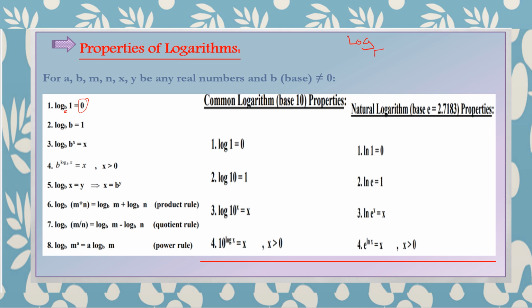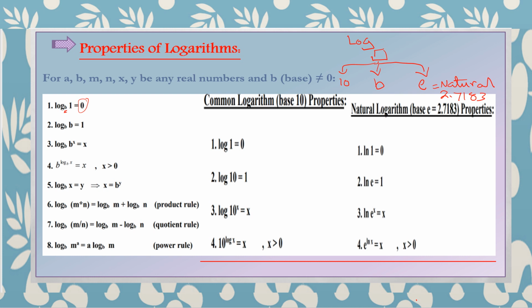The base of the logarithm may be equal to 10, or equal to b, which is a real number, or equal to e, and this is called a natural logarithm. And this equals 2.7183. So the base of the logarithm can take 3 cases.